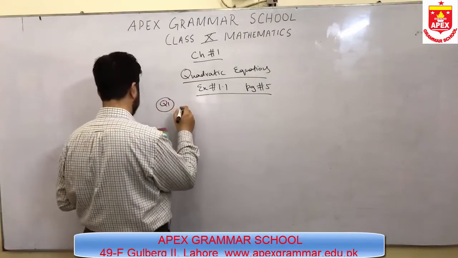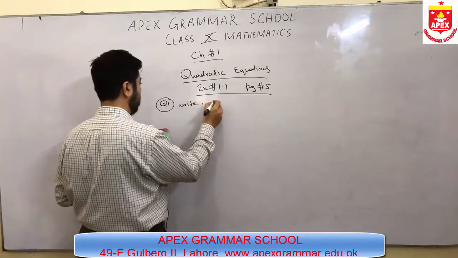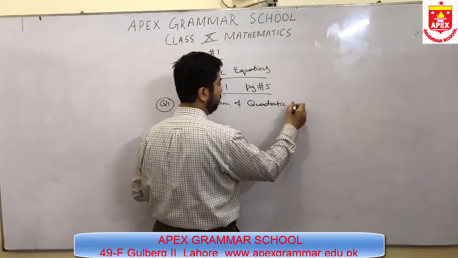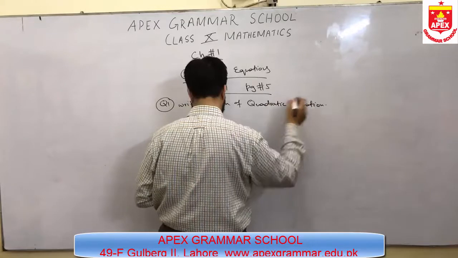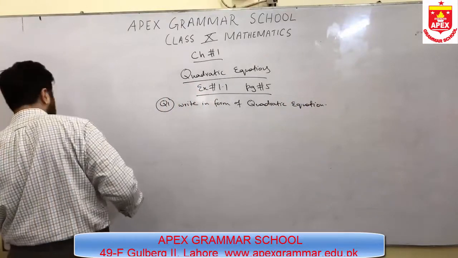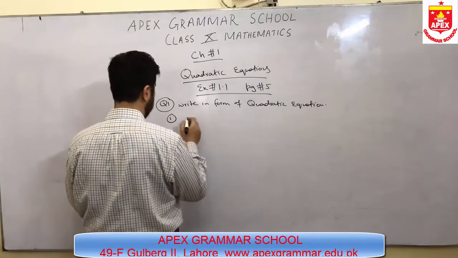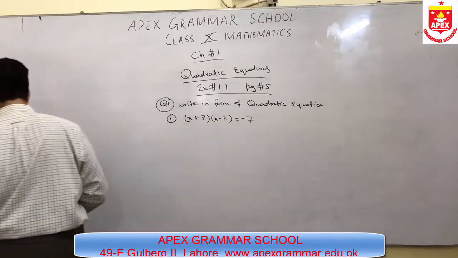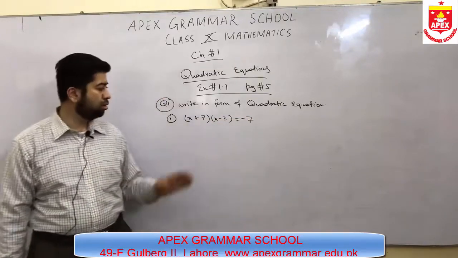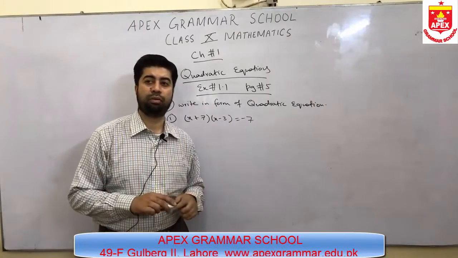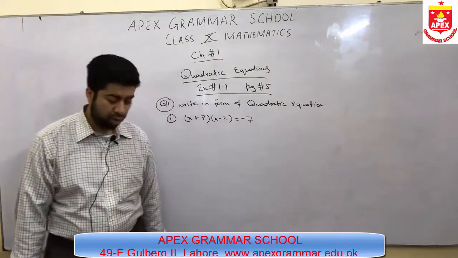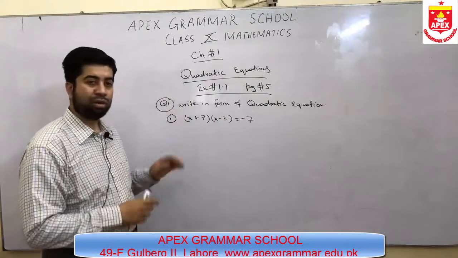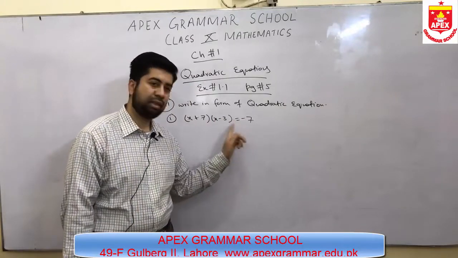Question number 1: write in the form of quadratic equation. The first part is x plus 7 into x minus 3 is equal to minus 7. You can see that this is not right now a quadratic equation, but we have to solve it and write it in the form of a quadratic equation, just like you have done in class 9th. First of all, you can see that it is an equation. It contains the equality sign.